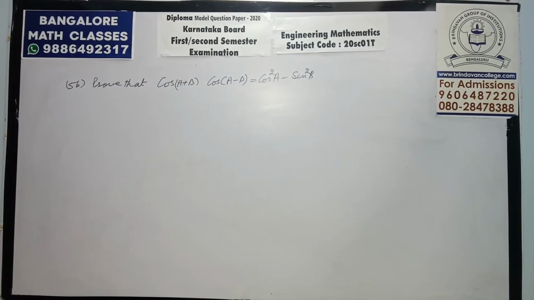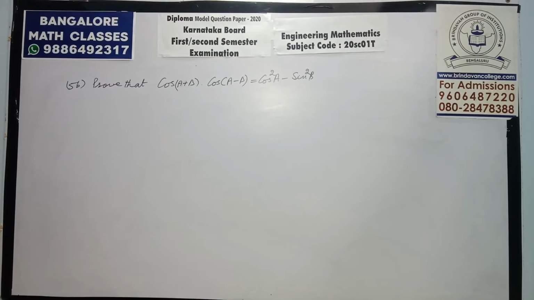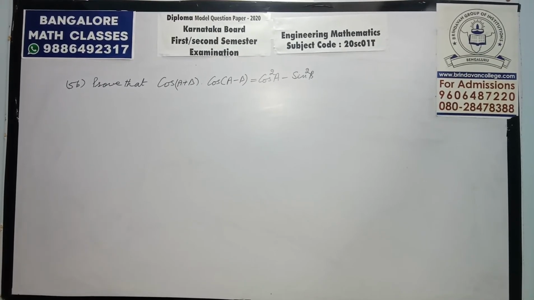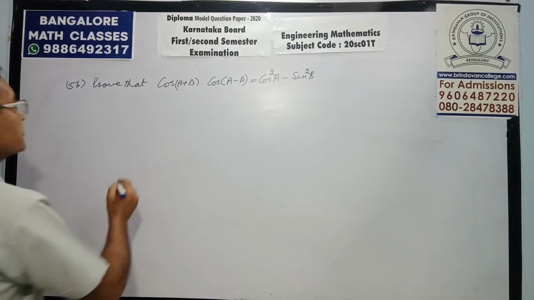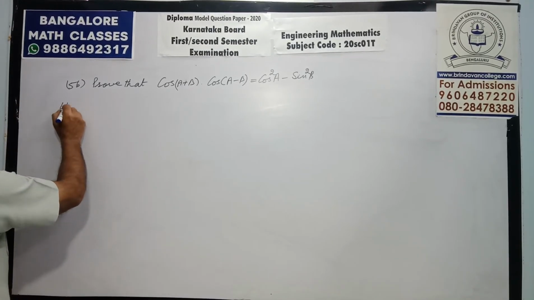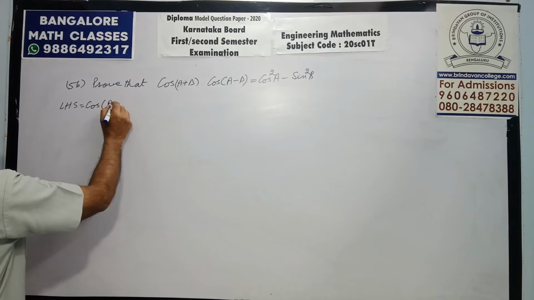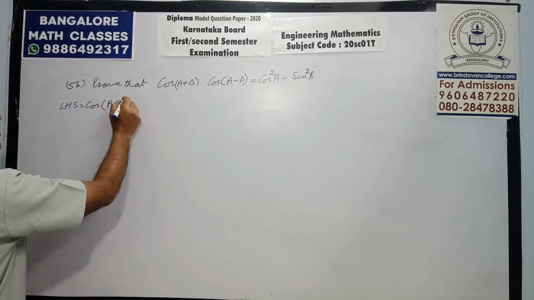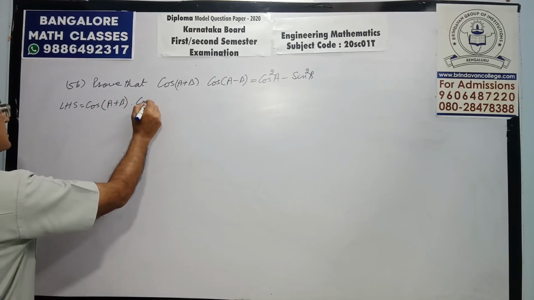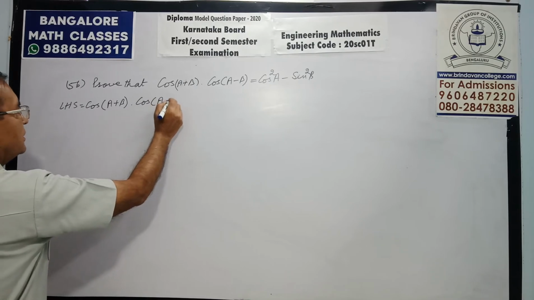Its B part is prove that cos(A plus B) cos(A minus B) equals cos square A minus sin square B. LHS: cos(A plus B) into cos(A minus B).